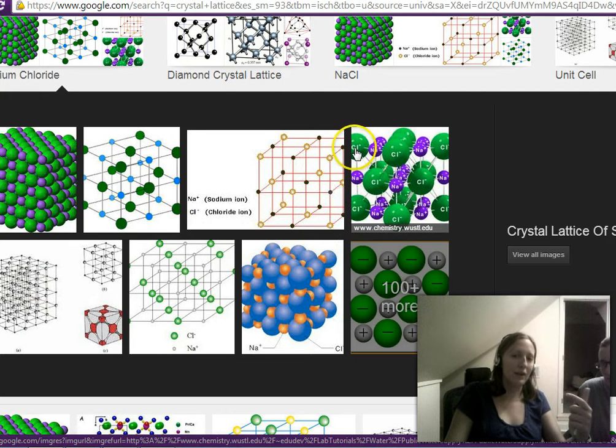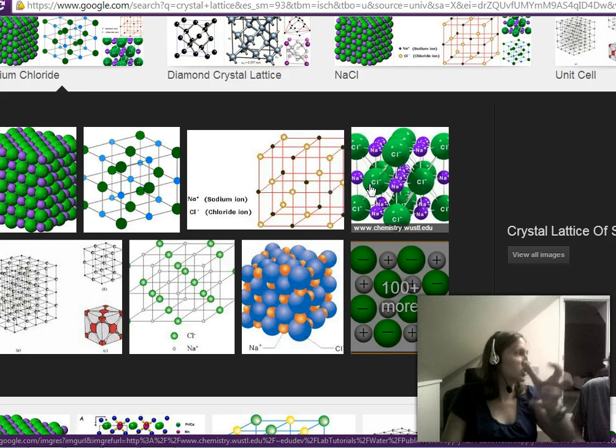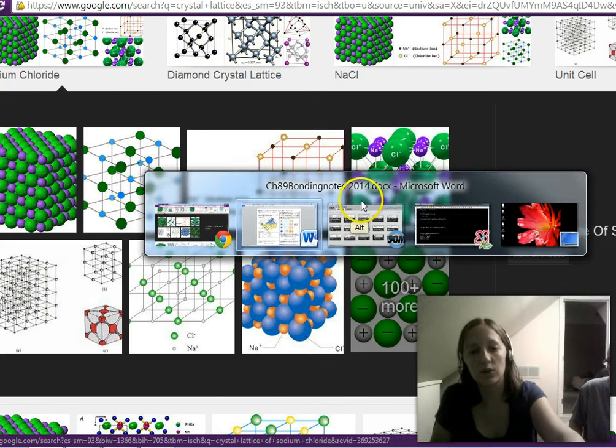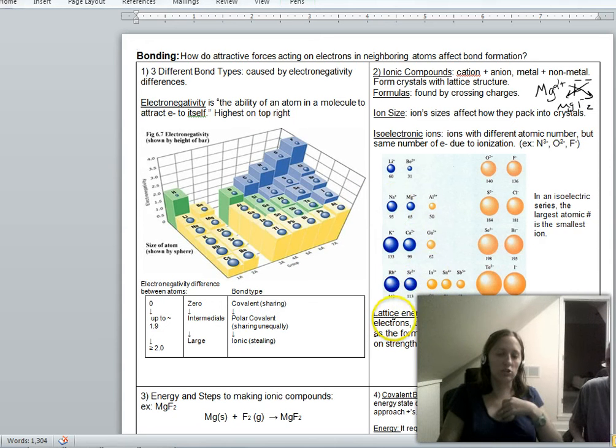The positive magnet surrounds itself with negative magnets, and the negative magnets surround themselves with positive magnets, and so you end up with this crystal structure because they're arranging in the best possible way, energetically, to be close to the ions they want to be close to, and that's how you end up with this thing called lattice energy.